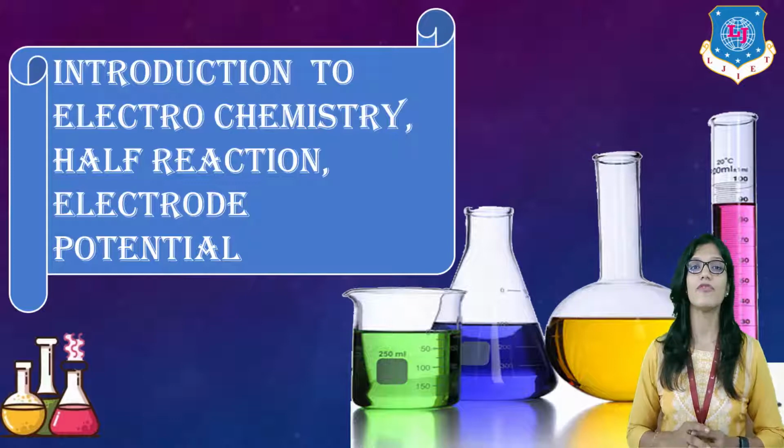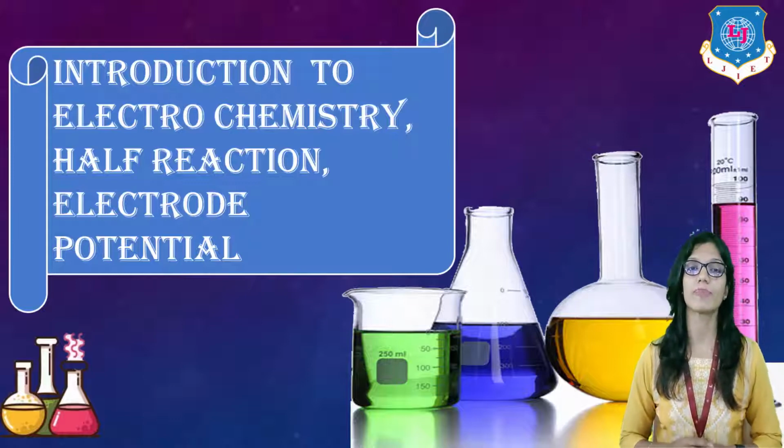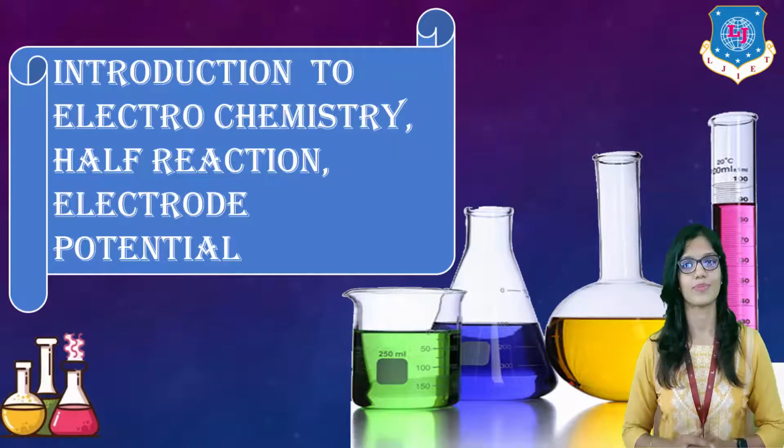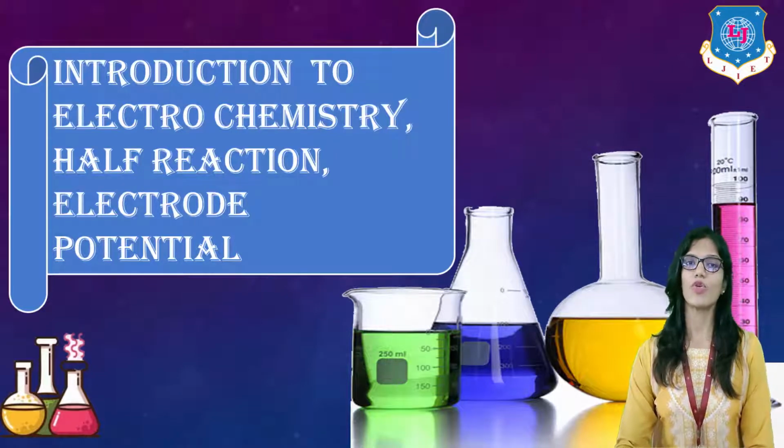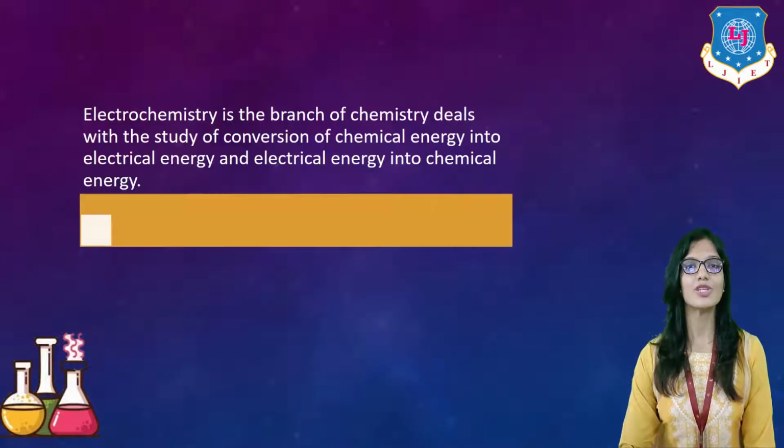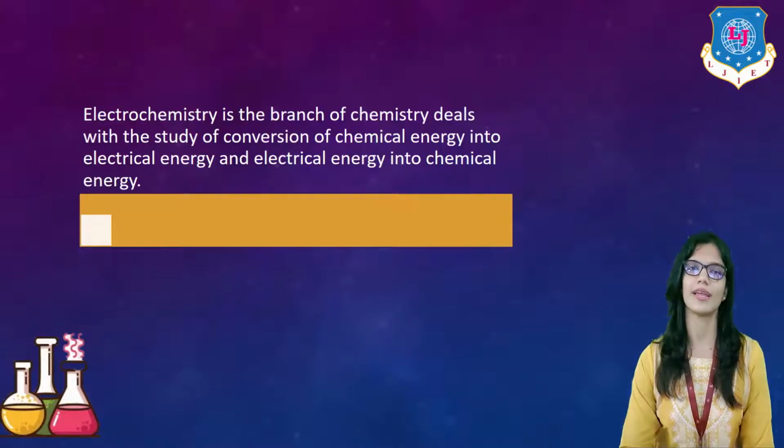Now actually in physical chemistry we have certain types of properties. So this is one of them and we will study it here. So let's move ahead with it. Electrochemistry is the branch of chemistry which deals with the study of conversion of chemical energy into electrical energy and electrical energy into chemical energy.